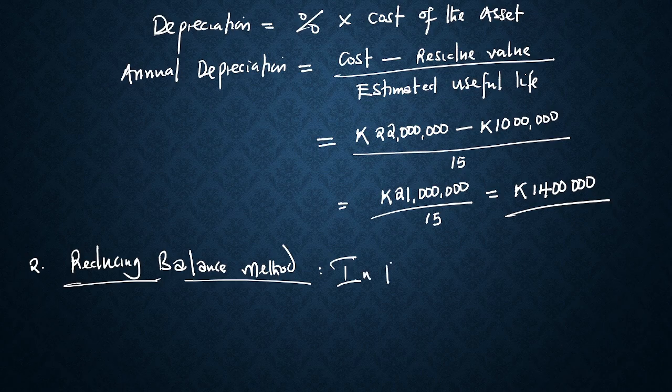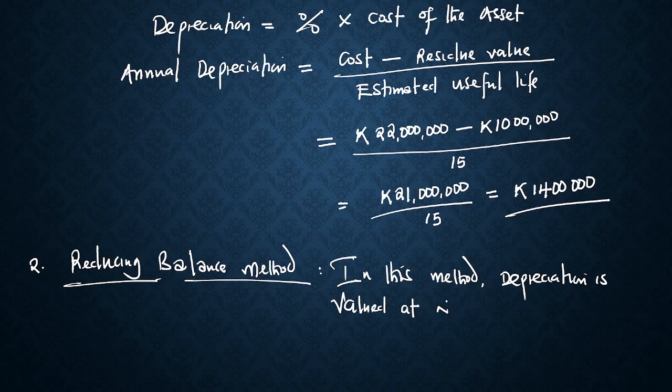So in this method, depreciation is valued at net book value. Now, what is this net book value that we're talking about?